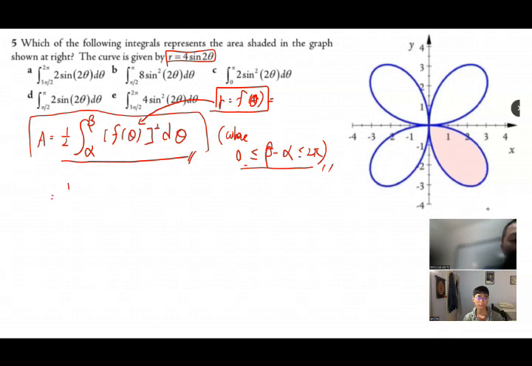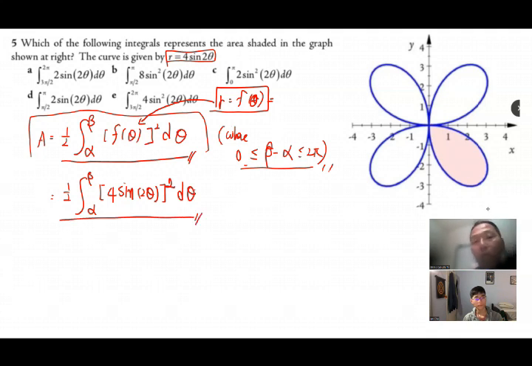So now that is 1/2 integral from alpha to beta of (4 sine 2 theta) squared d theta, right? Basically your integral area is from 3 pi over 2 to 2 pi. That is where the shaded area is located, in this quadrant.